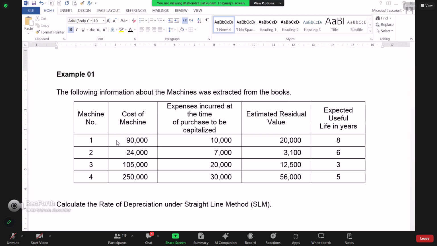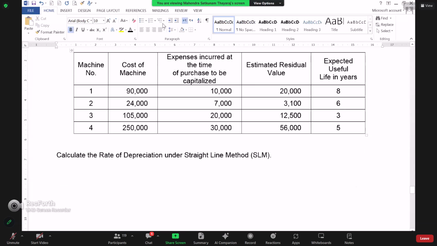Okay. So the calculation of the depreciation is easy to understand: cost minus scrap value. Expenses incurred at the time of purchase are to be capitalized, in the third column. When the machinery is purchased, this amount should be capitalized, so you add both amounts, cost of machinery plus expenses.